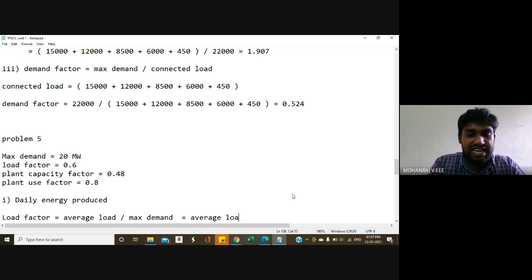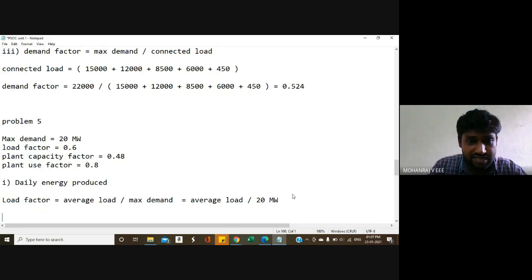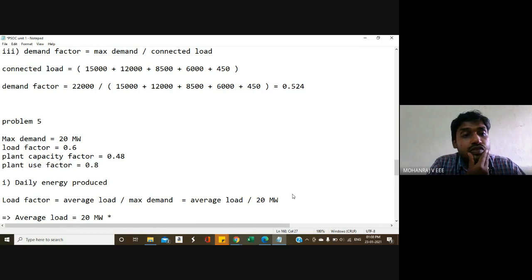Average load divided by maximum demand. We know the value of maximum demand, which is 20 megawatt. From this I can say my average load is equal to 20 megawatt into the load factor.